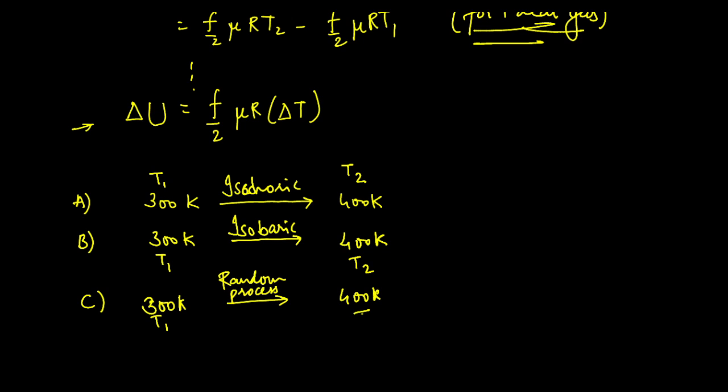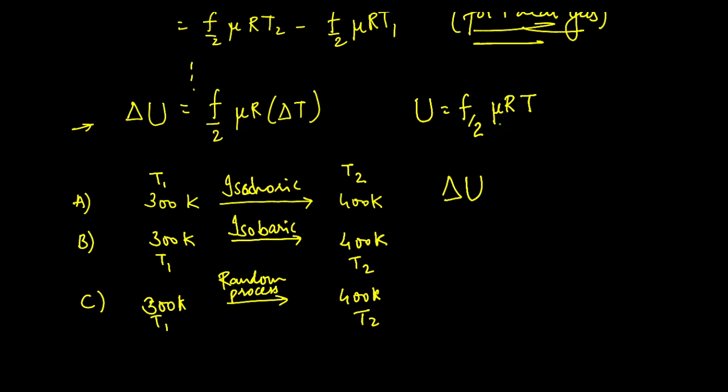But if the initial and final temperature are the same in every case, and let's say we are doing this for an ideal gas, do you realize that delta U will be the same in all three? Do you realize that delta U will be the same? Because the internal energy of an ideal gas, listen to this carefully, is given by this formula. What does it depend on?